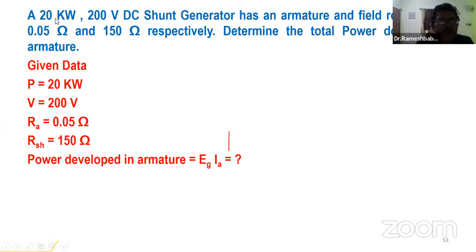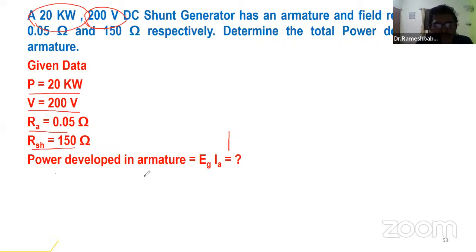The 20 kilowatt indicates the output power value. The voltage given is 200 volt. So power, voltage, RA and RSH values are given.